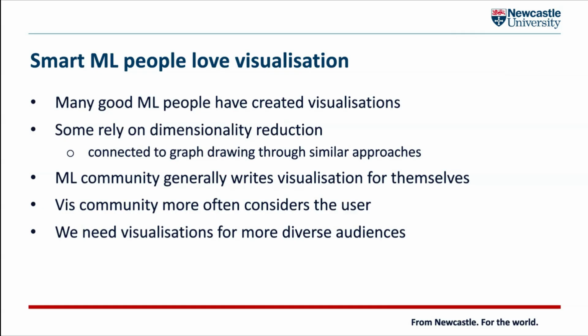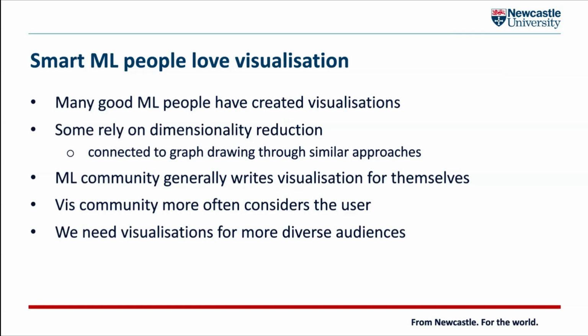Often what happens now is because the fields are so large, there's a little bit of a divide. And I think part of the reason behind the Euroviz paper was to say we need to start looking at each other's papers again.